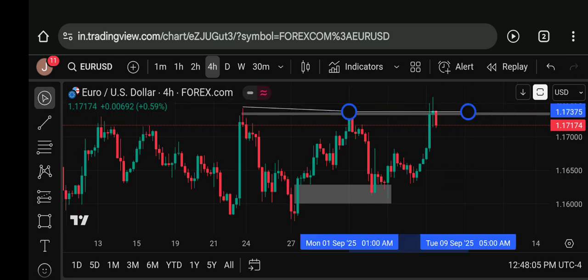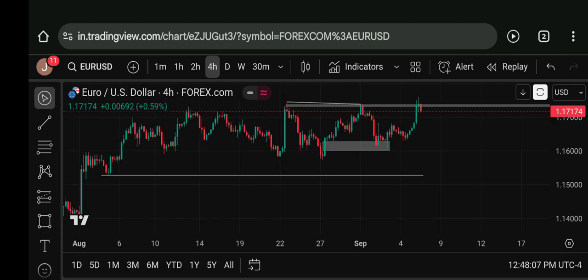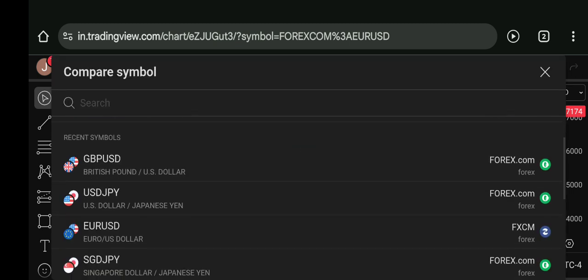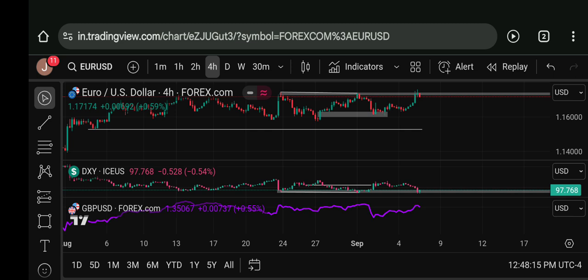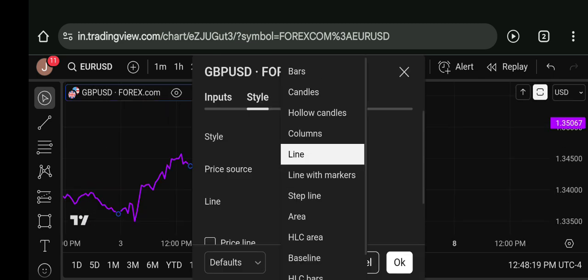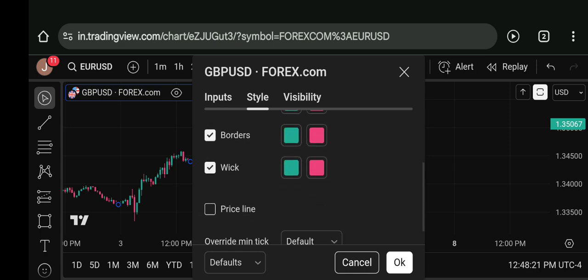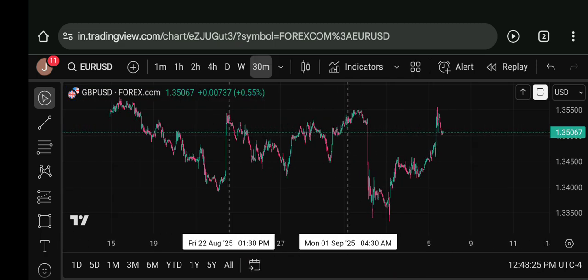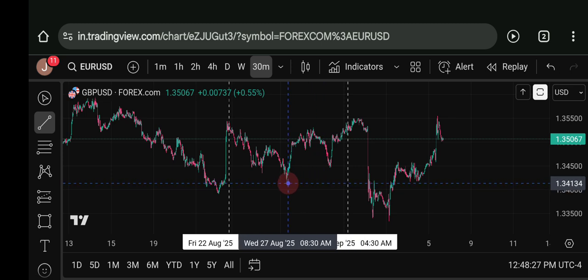It swept us out on an FP day. And if we check on GBP USD, the same target is being reached here. The same target is being reached here on GBP USD.